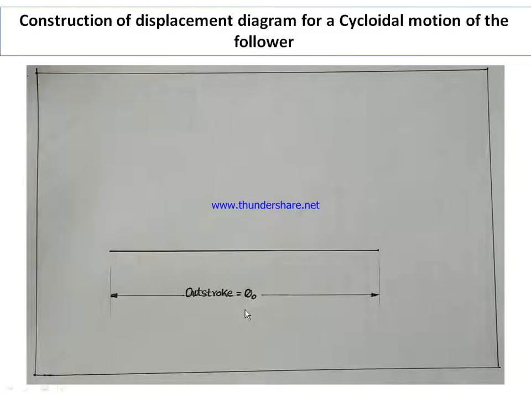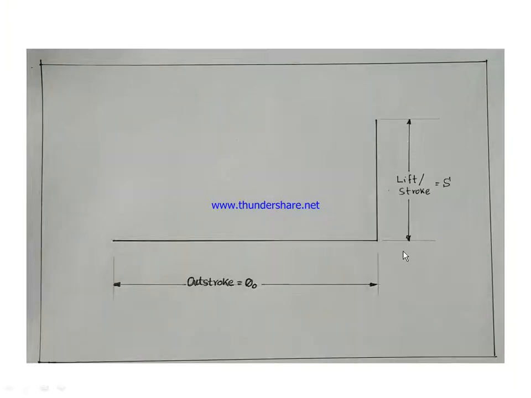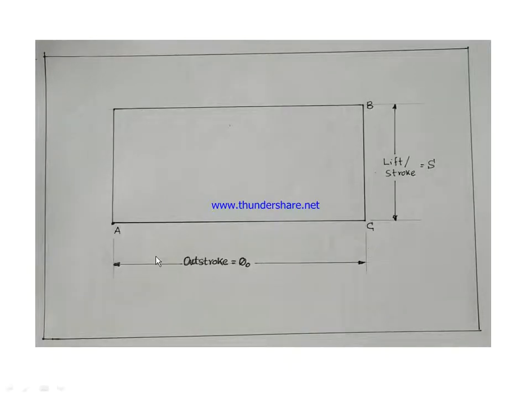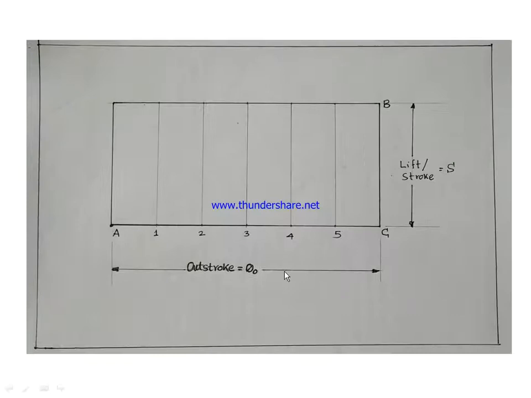So theta naught means the rotation of the cam during which the follower moves from its present position to the outermost position, and this is the lift or the stroke of the follower. With this you complete the rectangle and then divide this into an even number of equal parts, say here 6.